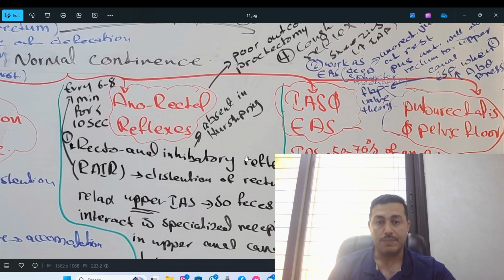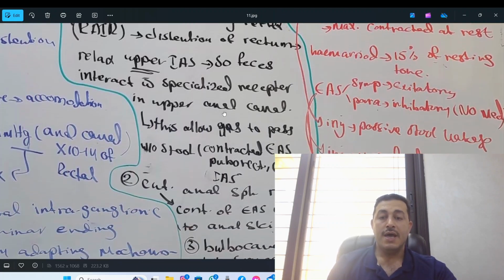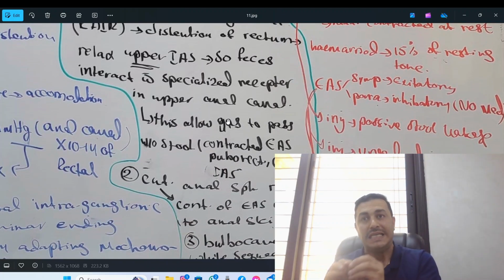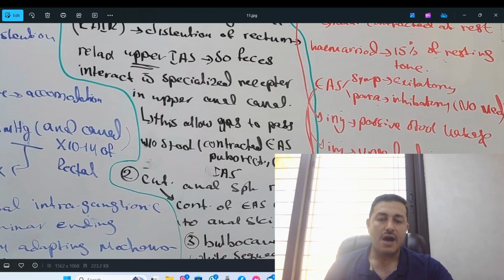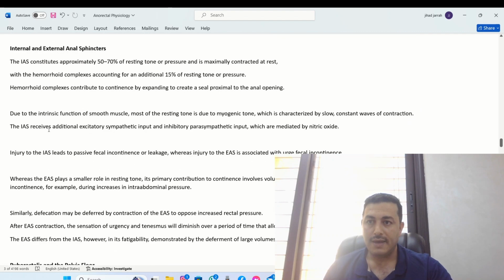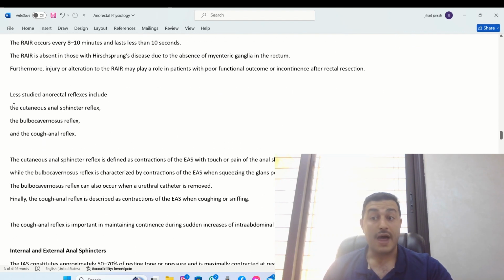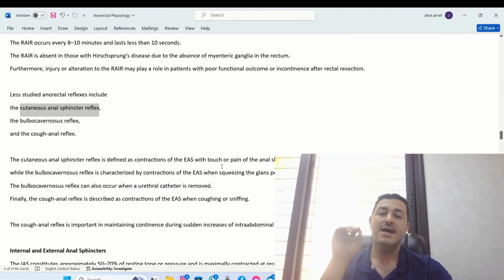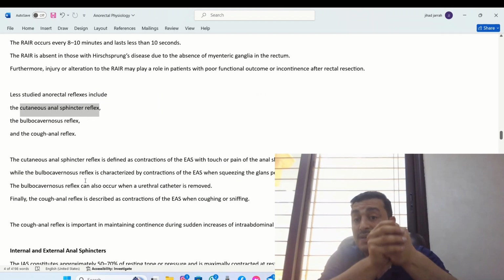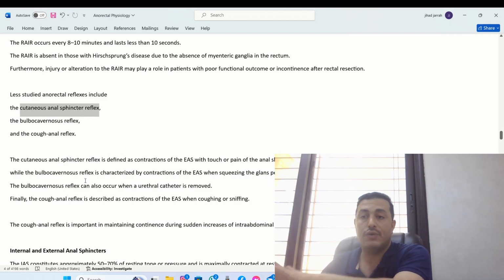and it functions poorly in patients who undergo proctectomy. Okay, we have other reflexes that participate in the continence mechanism, but to a lesser degree. These are the cutaneous anal sphincter reflexes. Touch or pain to the anal skin will cause contraction of the external anal sphincter and maintain normal continence.